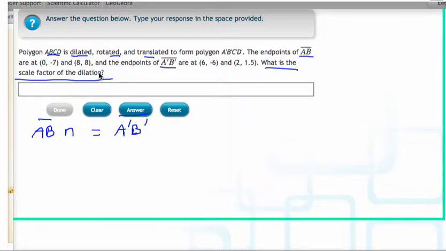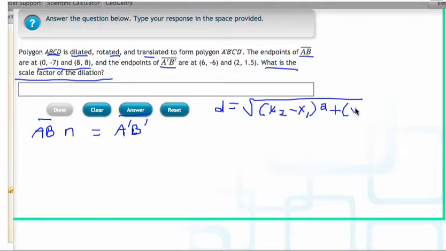We know that AB has endpoints here. Distance formula, d equals the square root of (x2 minus x1) quantity squared plus (y2 minus y1) quantity squared. And you do want to memorize the distance formula.